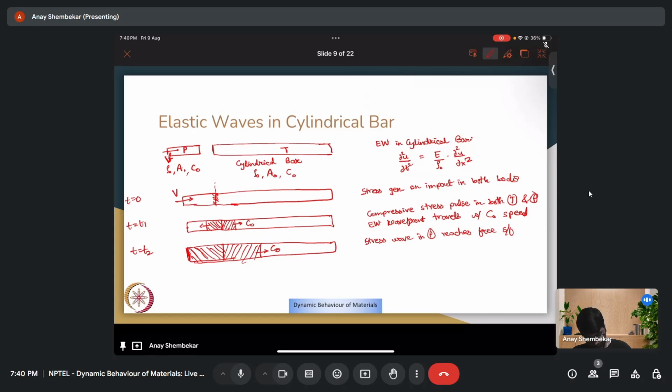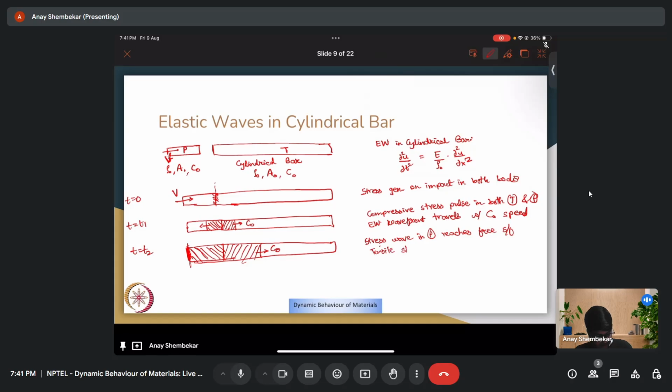As the name suggests, there is no loading on the free surface. So if a compressive stress is traveling towards that surface, the moment it touches that surface, a tensile stress is generated to balance that out, because the surface is free, it has no stress. So a tensile stress is generated here, which is basically your release wave.